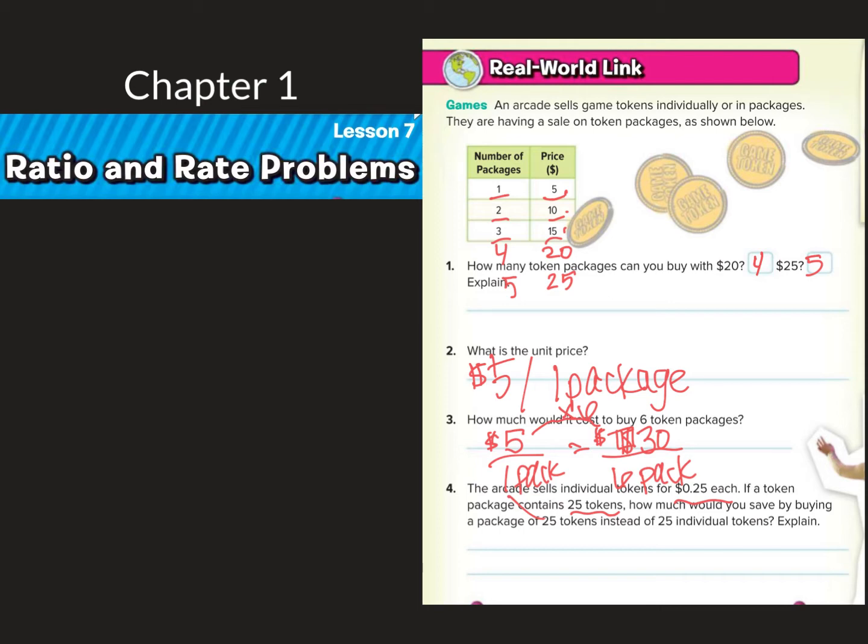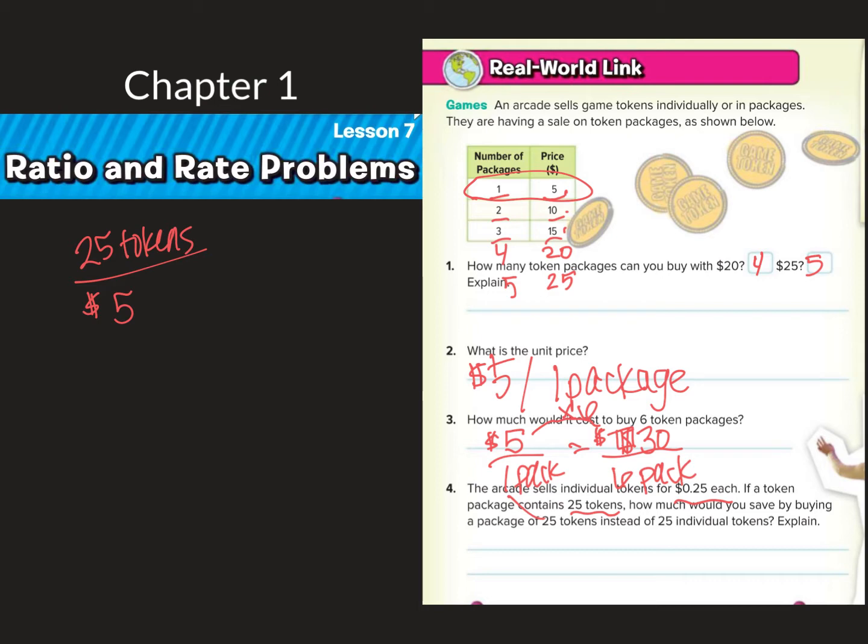Okay, so this is saying if one package had 25 tokens, it would cost $5. So that would be our first option: 25 tokens per $5.